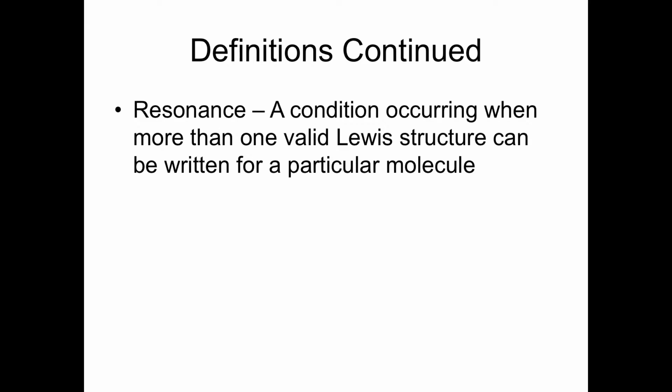I could draw a molecule one way and it would be right, then Aaron Lang could draw it another way and it would still be right. So there might be more than one possible Lewis structure option, and I'll show you an example of that later on in this video.